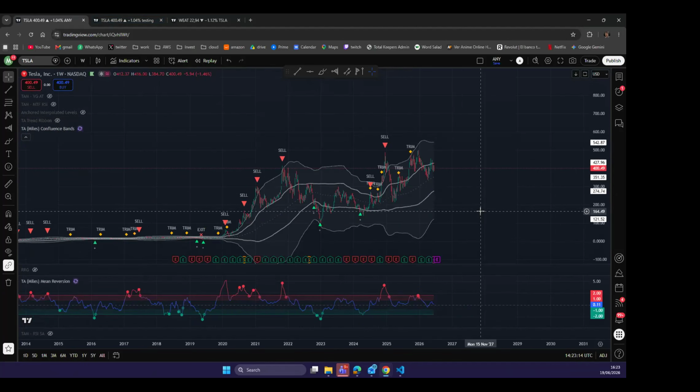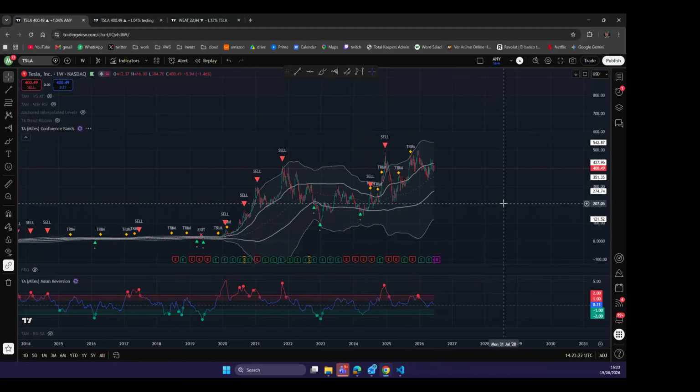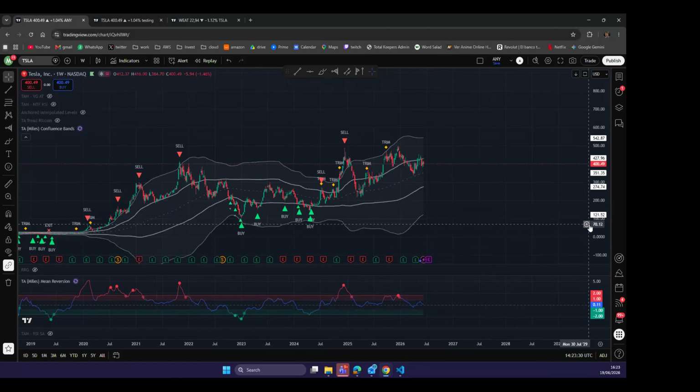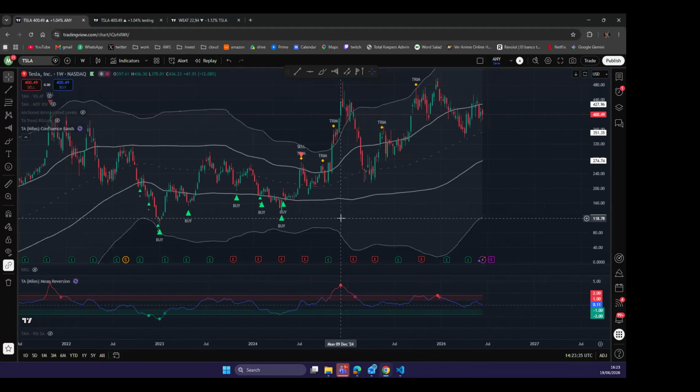There is more time for these news events to be digested and hit the price action. So maybe at this point, I want to be aggressive on my buys. And now I'm getting proper signals throughout the entire bottom, right? Because it's weekly, the noise is filtered out by default, let's say, on that chart. So think about your time frame, think about your style, and that's how you configure this buy and sell.